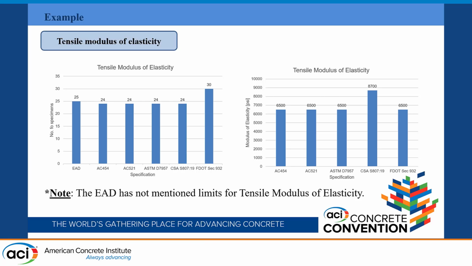These are the previous generation of the FRP, but CSA is using the new one. So hopefully very soon we will see this one in ASTM D7957. There's an important note here about the EAD document, which does not mention the limit. So that's a big issue.